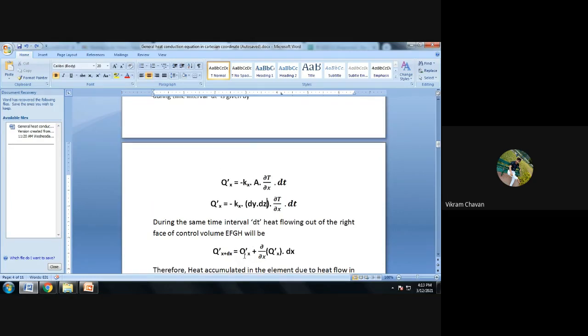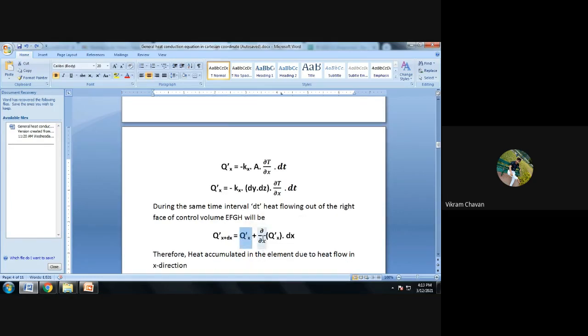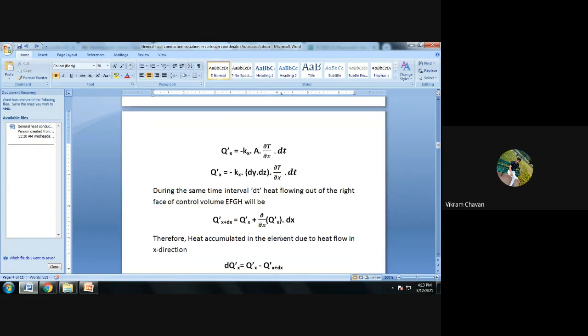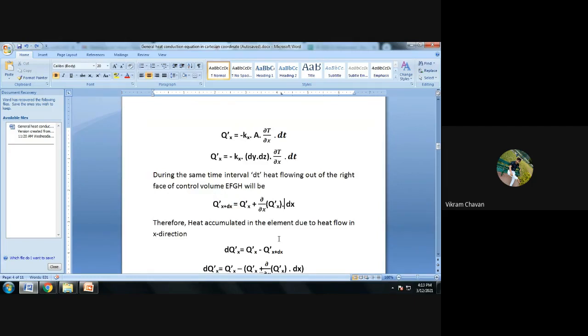So the initial heat is q dash suffix x, and the change in that initial heat entering the element is the differentiation of q dash x with respect to x, and the total change in heat we will get by multiplying by dx. Therefore, to find the net heat accumulated, we have to take the difference between how much heat has entered and how much heat is leaving the element.